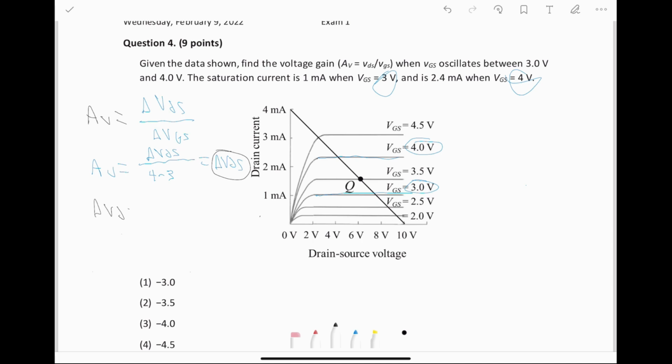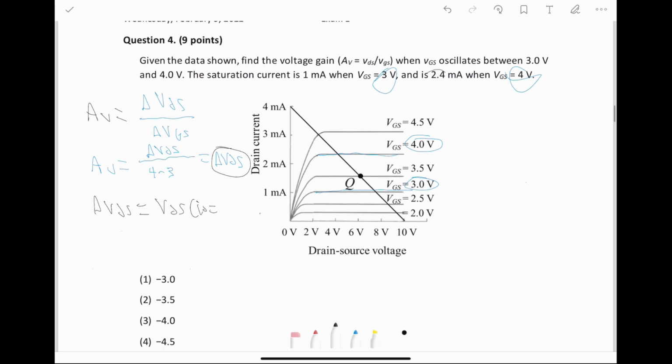It's going to be equal to VDS as a function of ID when ID is equal to 2.4 milliamps, minus VDS as a function of ID when ID is equal to 1 milliamp.